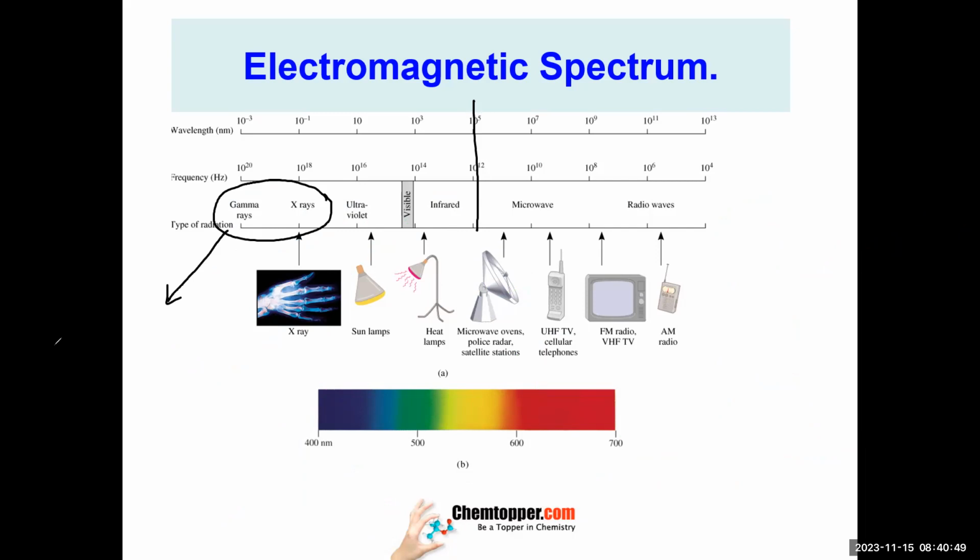They will break the chemical bonds. What can ultraviolet and visible do? They can excite the electrons from low level to high level. Generally, it is seen in colored objects.